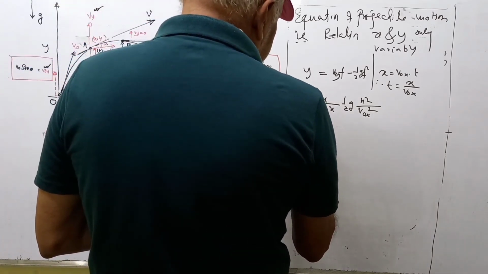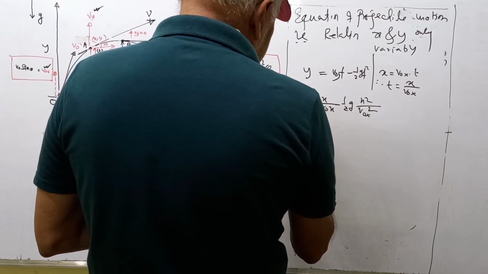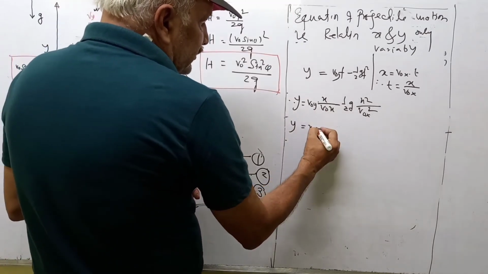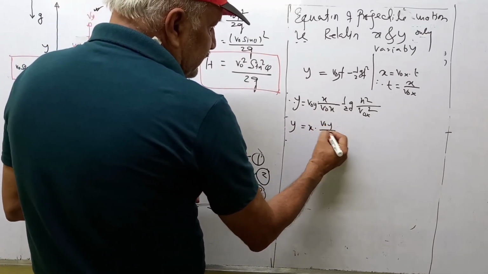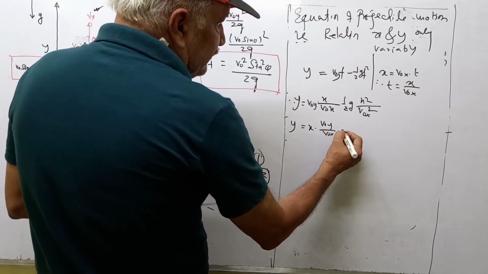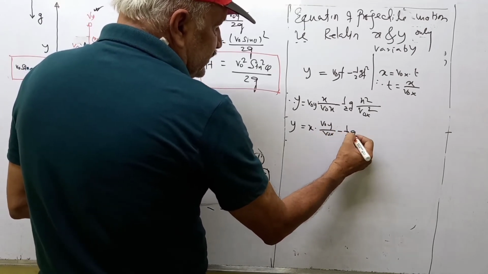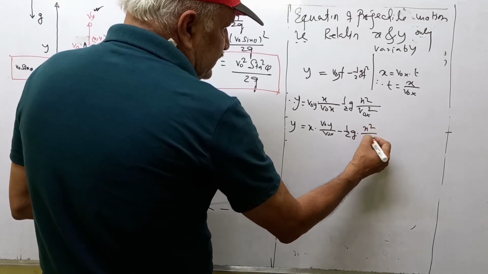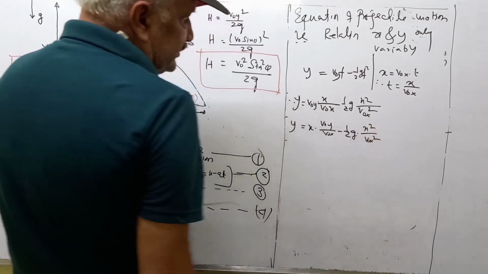Now we can write y equal to x into v0y by v0x minus half g x square by v0x whole square.